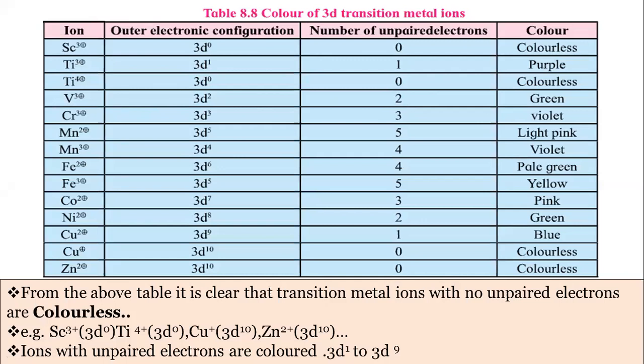The student should not remember the colors, like violet or light pink, pale green, green, blue. These colors are not expected, only the concept is expected. If there is no unpaired electron, it will be colorless. So the first factor I have completed here.